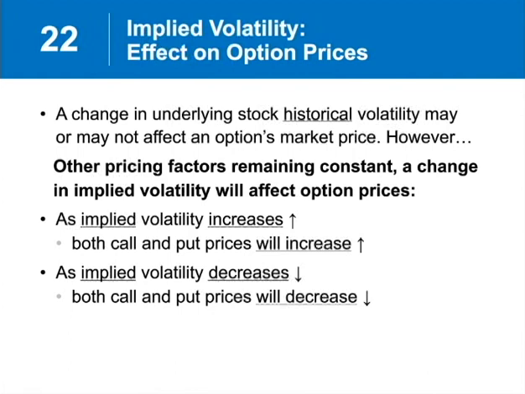Now when we talk about implied vols going up, when implieds go up, the calls and the puts absolutely go up in price. Okay, and that's that subtle difference I was referring to. Historic is kind of out there by itself, where when the implieds start to go up, the calls and the puts are going up. The premiums are expanding when implieds go up. And the opposite is true when implieds decrease. Your call and put prices will go down.